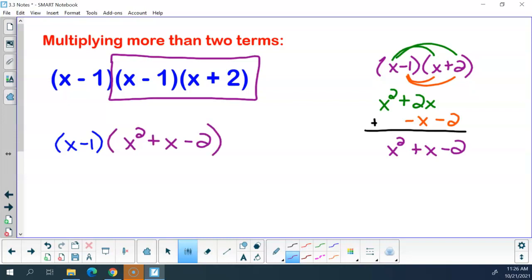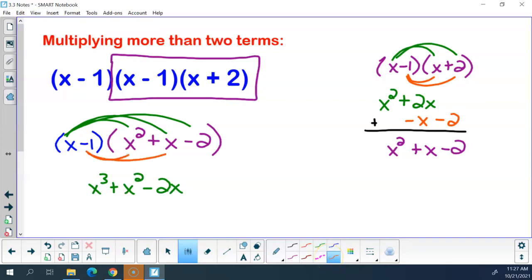And now I still have that x minus 1 that I have to multiply that by. So I have to rinse, lather, and repeat that process. That would get me x cubed plus x squared minus 2x.